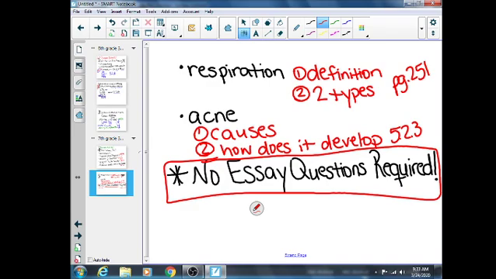Then I need you to take a picture and either send it to me as a text or as an email. There will be an email going out to the parents with all of my contact information, including a phone number for the text as well as my school email address.